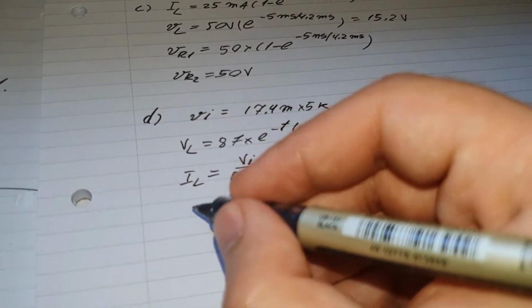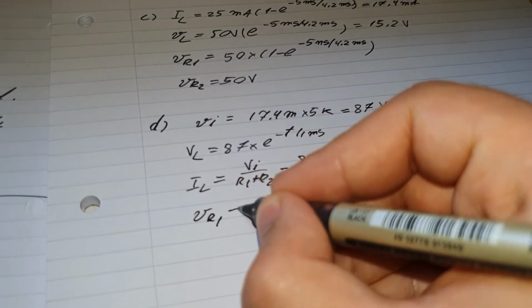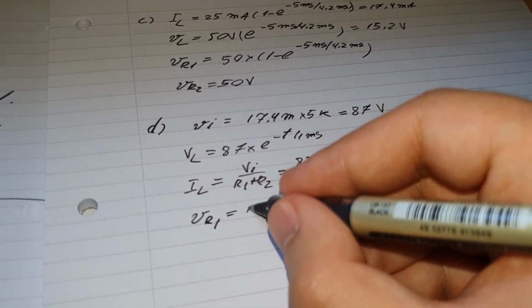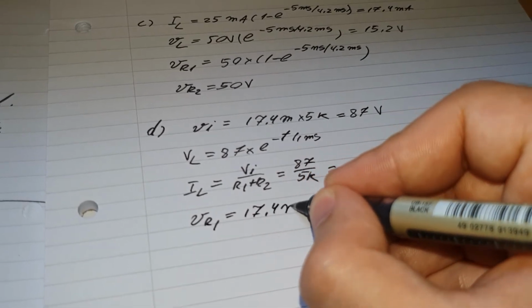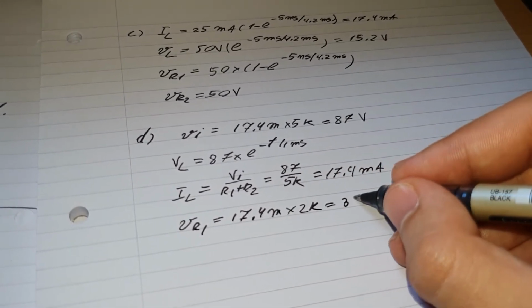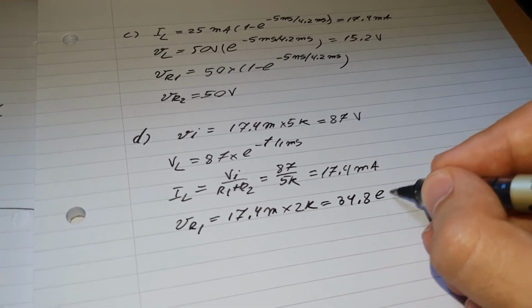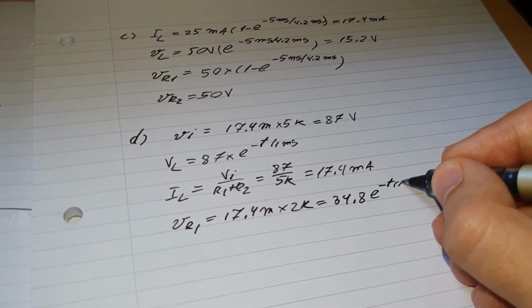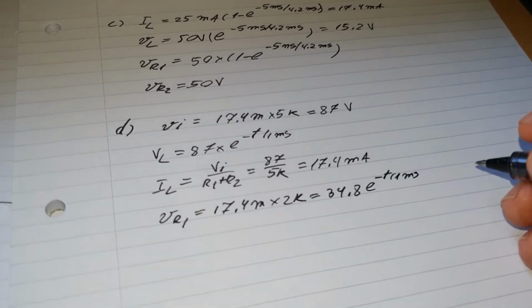All right, and now VR1 will be equal to 17.4 milliamps times 2K, which will be equal to 34.8 e to the power of minus t divided by 1 millisecond.